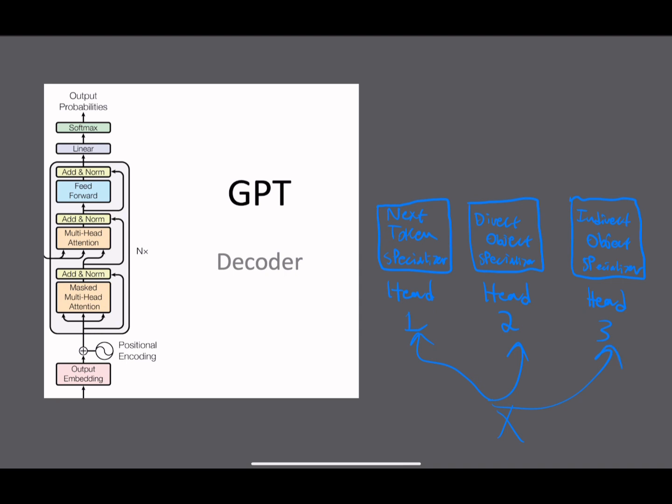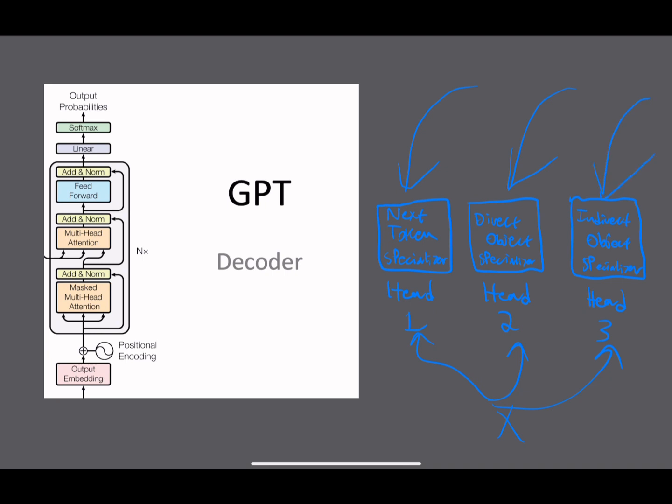And what we actually find when we see how the heads and those weights get activated based on different inputs is that researchers have found that you'll have one head that might specialize in attending to the next token. One head that really specializes on attending to, right? This is all about which parts of the input we pay attention to, the direct objects of verbs. One head might specialize in indirect objects of verbs.